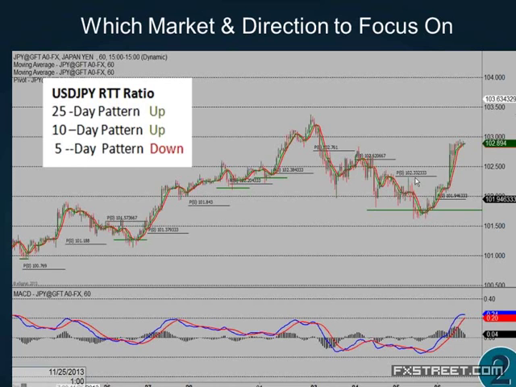Now, short-term traders, they may be looking to go short here because they see the pattern has shifted from one of higher lows to one of lower highs now. But when I understand this is just the hourly chart, I look at my pattern and I see that the majority of patterns are still higher. Therefore, I'm still a buyer. Okay, so I have a big edge over the other short-term traders because I'm not a seller on the way down.